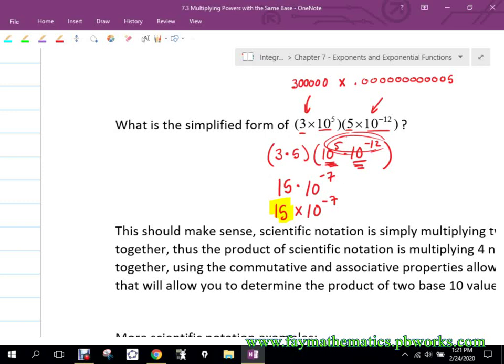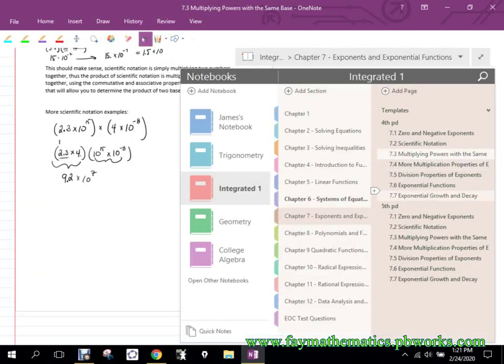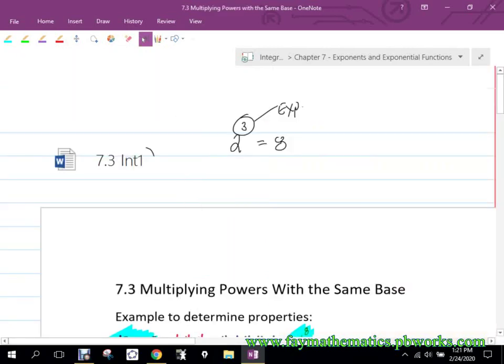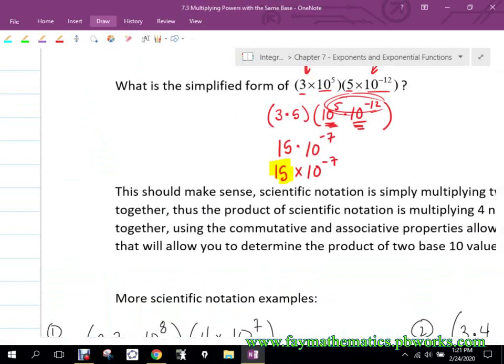So where's my decimal? It's after that 5, to the right of that 5, right? So I need to move it 1 to the left, correct? Okay. So I'm going to move that one spot to the left, and it's going to be 1.5 times 10.